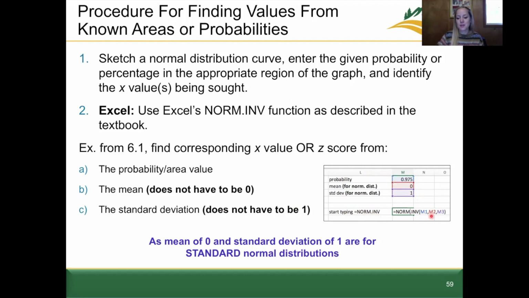Then comma, the mean value, comma, the standard deviation value. Click enter, then you'll get your X value or your Z-score. Importantly, Excel takes that probability and assumes it's the cumulative area from the left. Then it gives you that corresponding X value or Z-score under that assumption of cumulative area from the left.